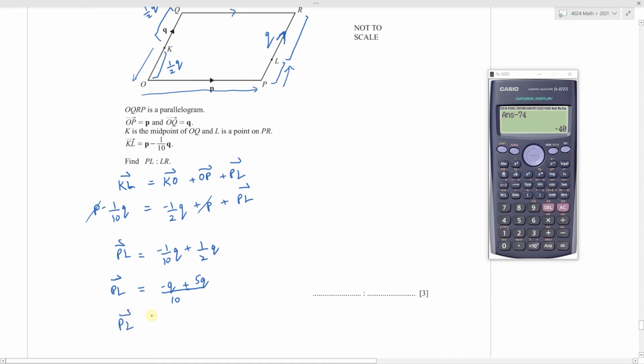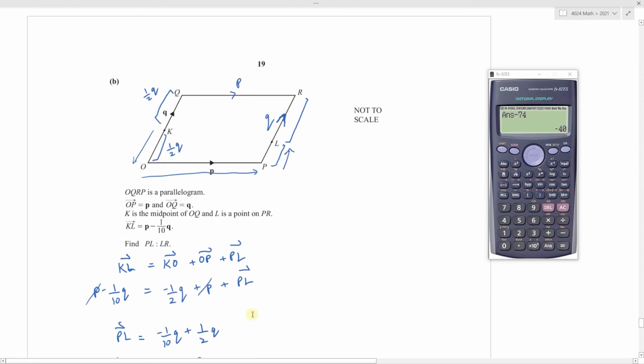So PL will be 5Q minus Q, which is 4 by 10 Q, which I can also write as 2 by 5 Q. So now you know that this PL is 2 by 5 Q. So if this is 2 by 5 Q and the full vector PR is Q, that means the remaining is 3 by 5 Q. You can also calculate it by Q minus 2 by 5 Q. This will give you 3 by 5 Q, because the total is Q, so these two add up to Q.